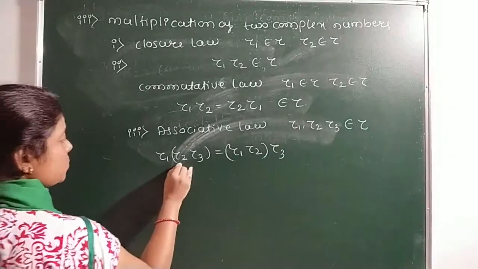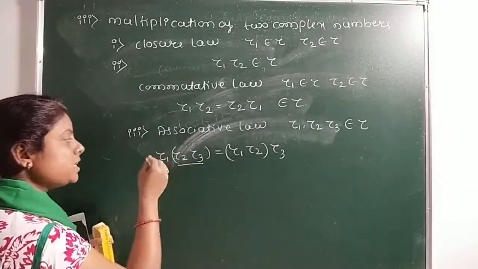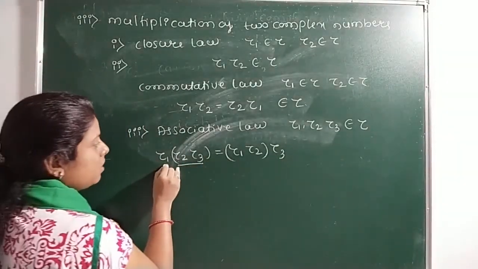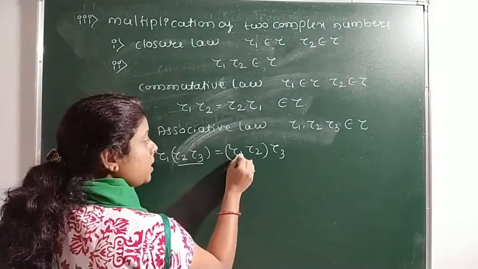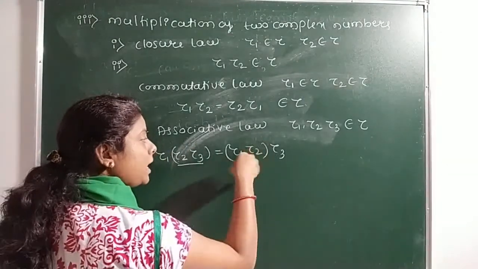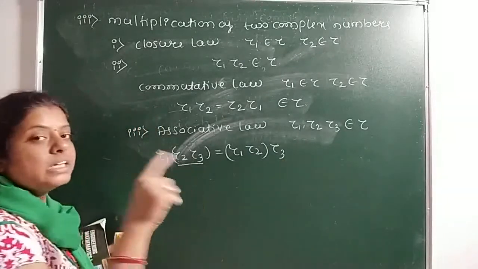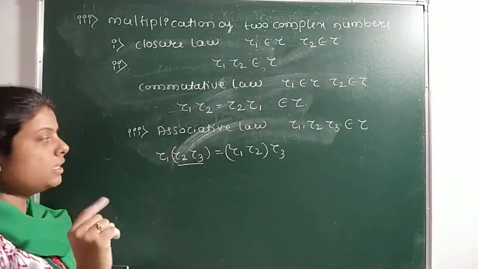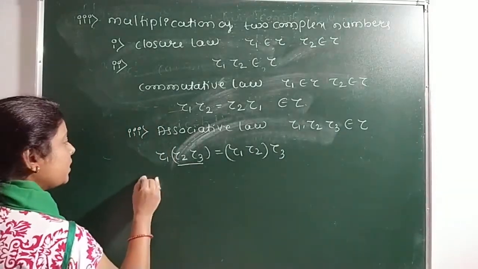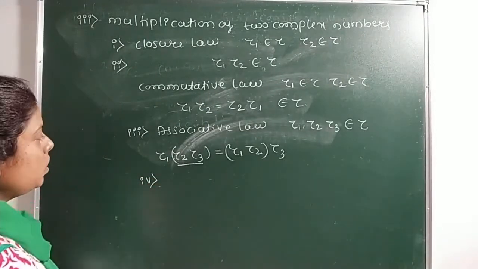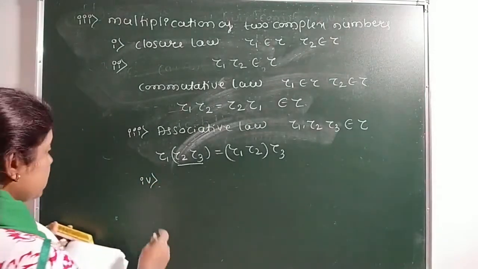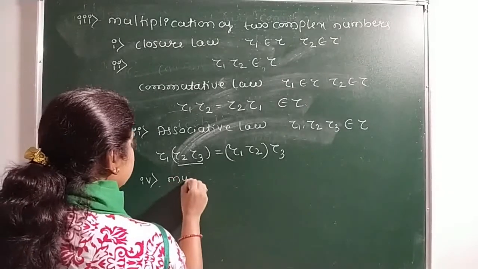Means first we multiply these two, next we multiply with the z1 term, and first we multiply z1 and z2, again we multiply with z3. The answer of both you will get the same. That satisfies the associative law. Now we have to get the multiplication identity.